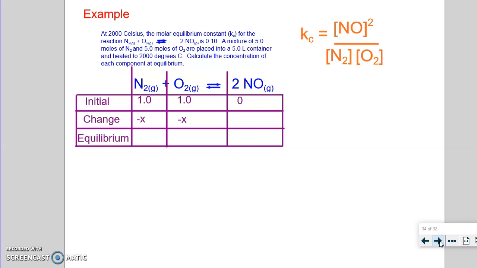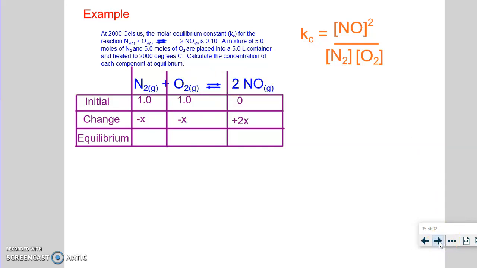There's a 1-to-1 ratio there. So it's also going to be negative x. So what's different about the product side is 2 things. One, we're going to make it rather than use it, so it's going to be positive. But you'll notice that it has a coefficient of 2, so we're not going to make x, we're going to make 2x for every x that we use. So we're going to put plus 2x there.